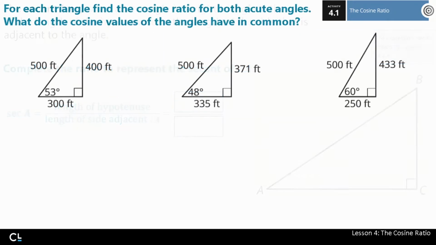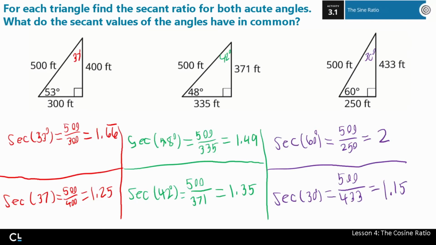But then both of them, the bigger the angle gets, it's like the opposite, right? So our cosecant, which we did on the previous lesson, the bigger the angle gets, the closer it gets to 1. And then here, the smaller the angle gets, the closer it gets to 1. So for our secant, 30 is closer to 1, it's 1.15, than 60.